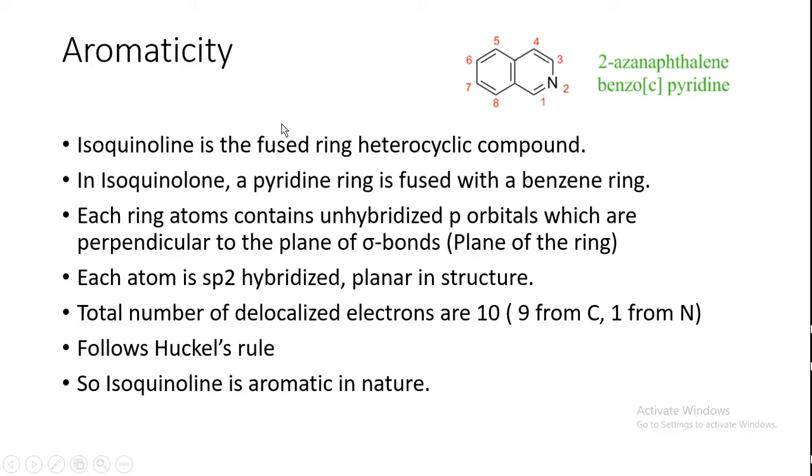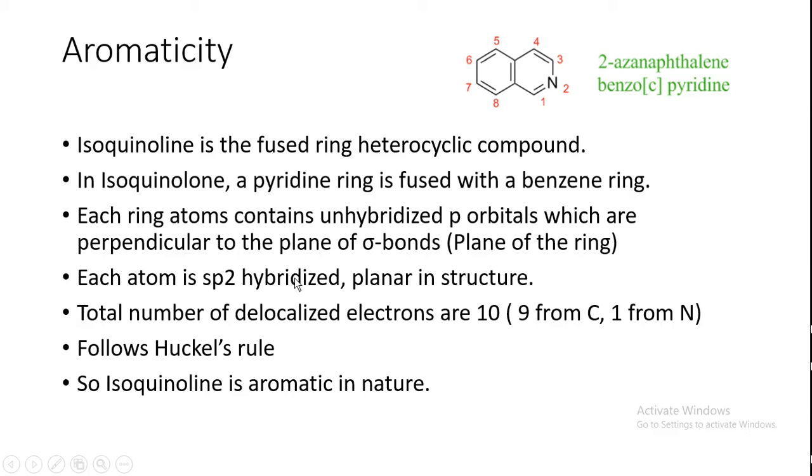We already know it is the fusion of one benzene ring and one pyridine ring. Each ring atom contains an unhybridized p orbital, perpendicular to the plane of the sigma bonds, that is, the single bonds.